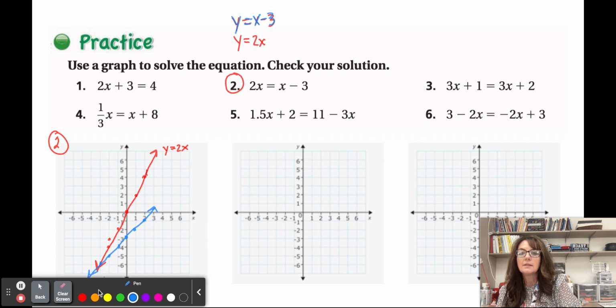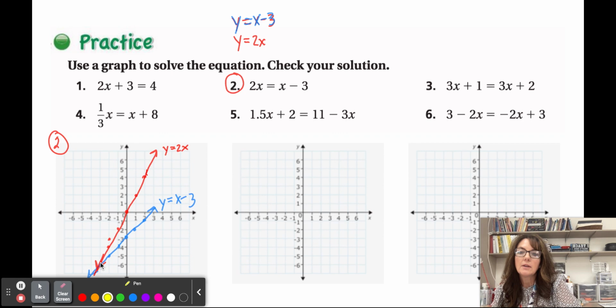All right. So the two lines intersect right here, at this point right here. So this line, I probably needed to go down a little bit more, but that's okay. So that is at (-3, -6), right? The blue line is y equals x minus 3.